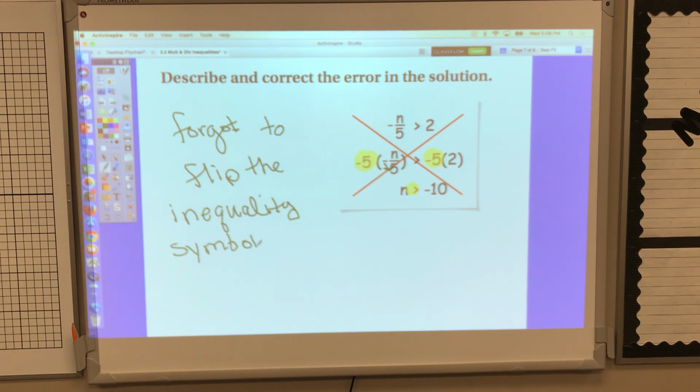That needs to be switched because they multiplied both sides by negative 5.